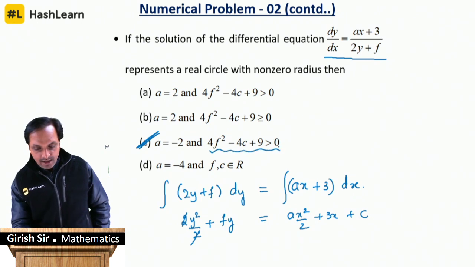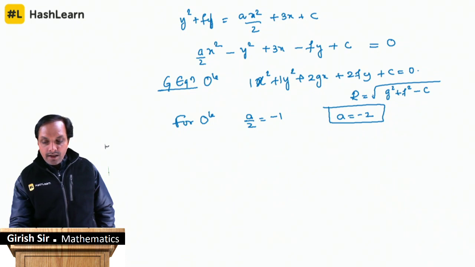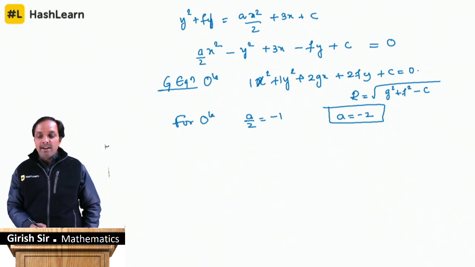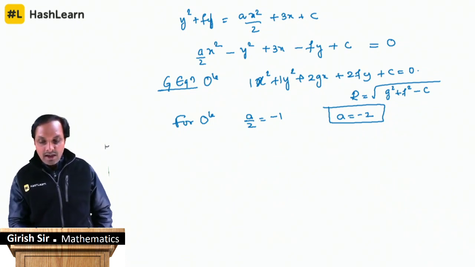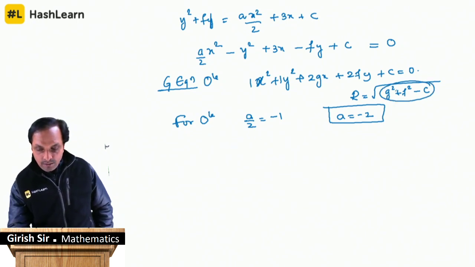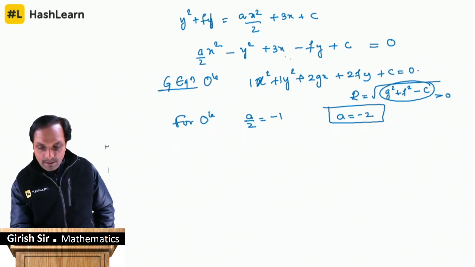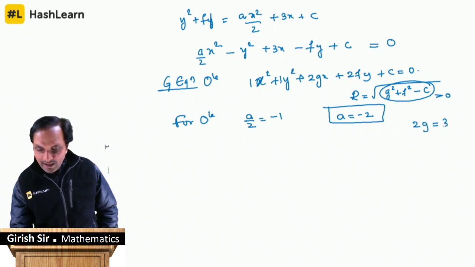This remaining part, how are you going to come to that? Okay. You know that R is root of g square plus f square minus c. So what should this be? Radius is non-zero. Means this part, your g square plus f square minus c should be greater than 0. Let's see, what is g? You know that if you compare, in place of 2g there is 3, in place of 2f there is minus f.